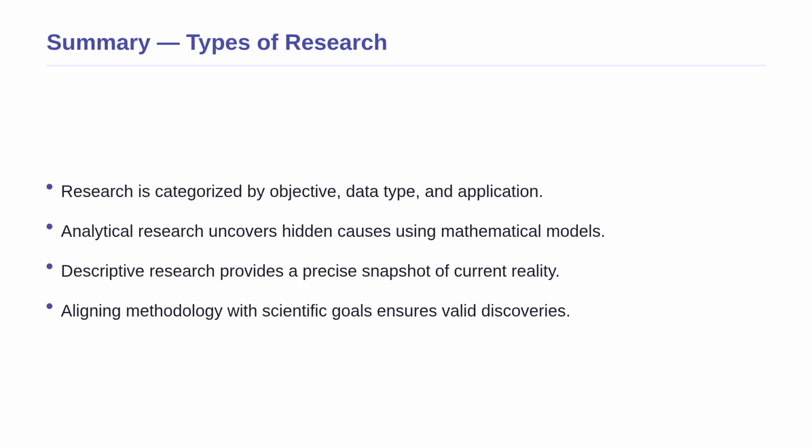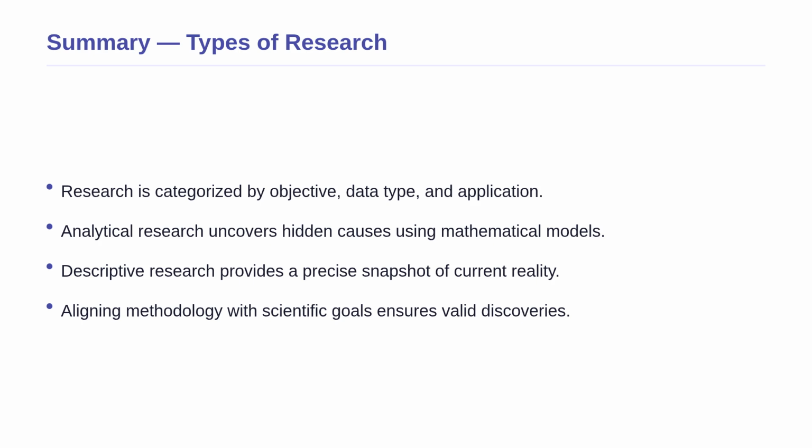We have covered a lot of ground today, so let us review our key takeaways. First, understanding the different types of research is critical. You must decide if your goal is to simply describe a phenomenon or analytically uncover its hidden causes. Second, you must choose whether hard quantitative numbers or rich qualitative descriptions best answer your question.